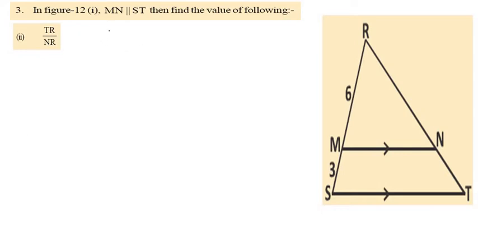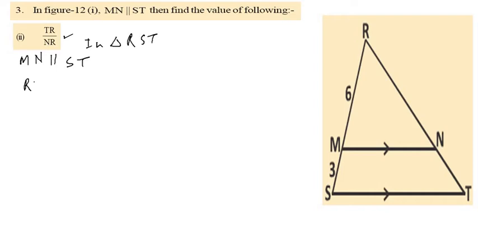Same, this one is the same figure, but it is given as 6 and 3. So TR upon NR. So how can we find this one? First of all, we can say MN parallel to ST. You can write here in triangle RST, so apply the formula.